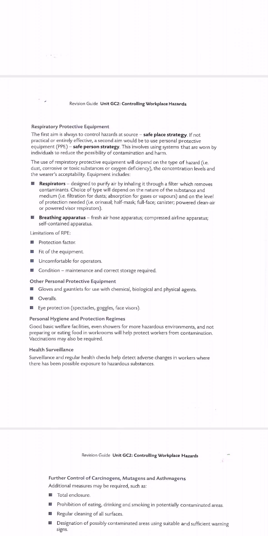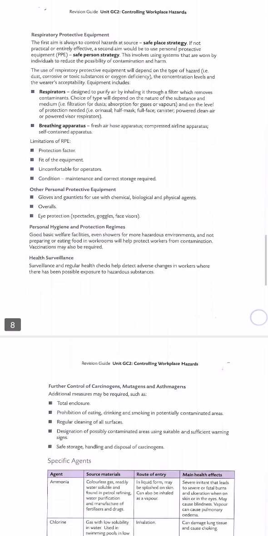Then we're talking about health surveillance. Health surveillance and regular health checks help detect adverse changes in workers where there has been possible exposure to hazardous substances. So there should be medical checks, to help monitor whether a person is being affected by toxic substances, right?